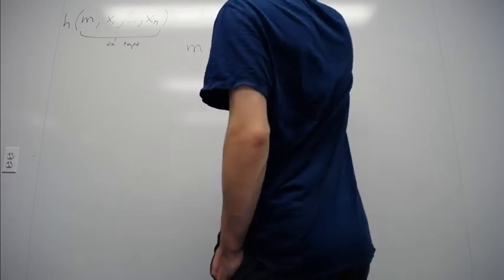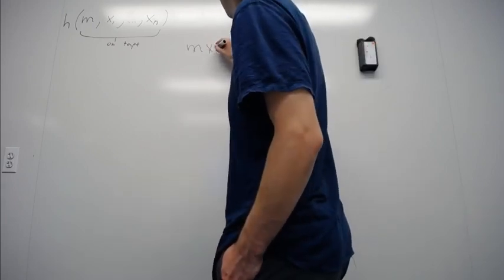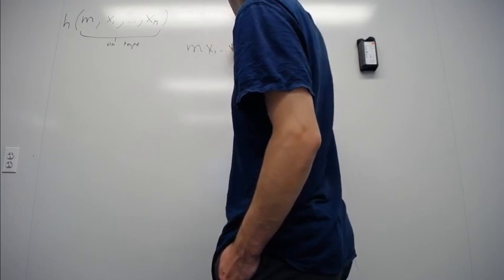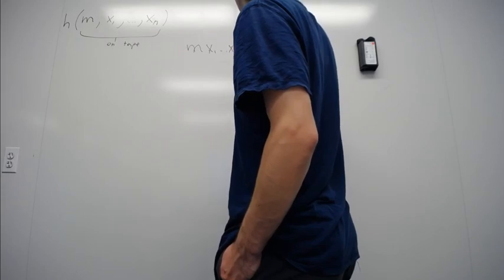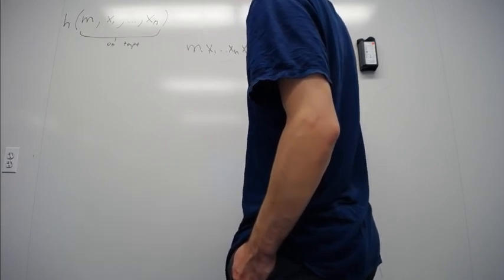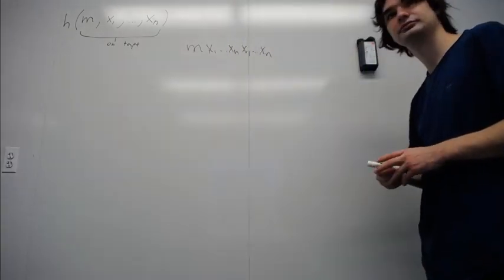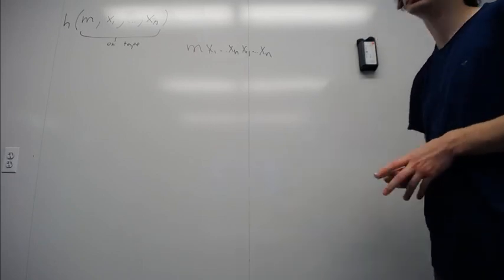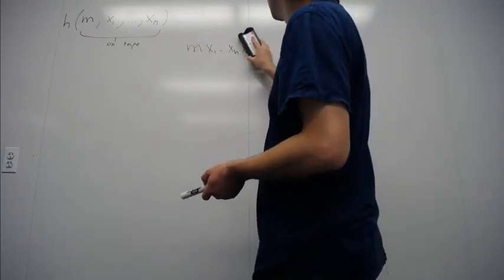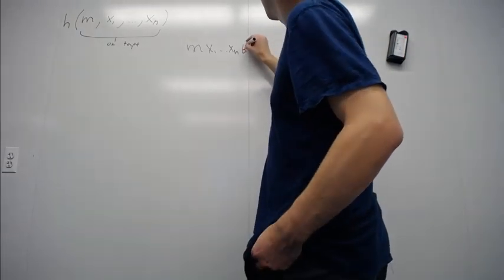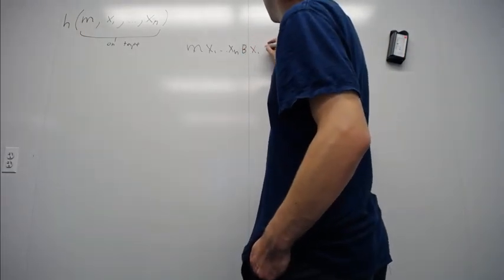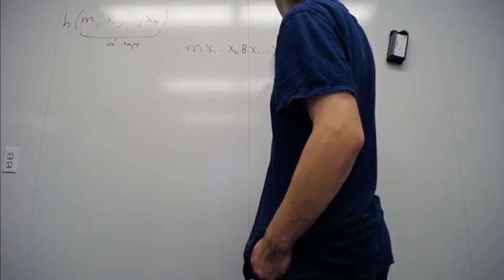I'll just keep writing the whole string. x1, xn, x1, xn. Okay, so we have this. Do you need to put a blank in between? Yeah. Okay. It's always safe. It's always easier to do it that way.